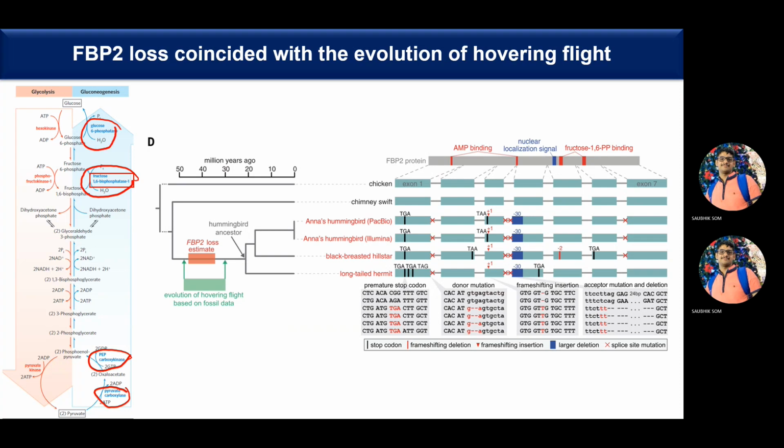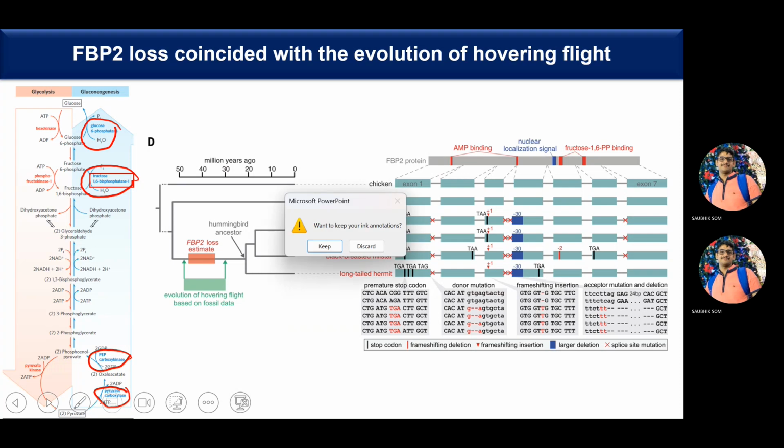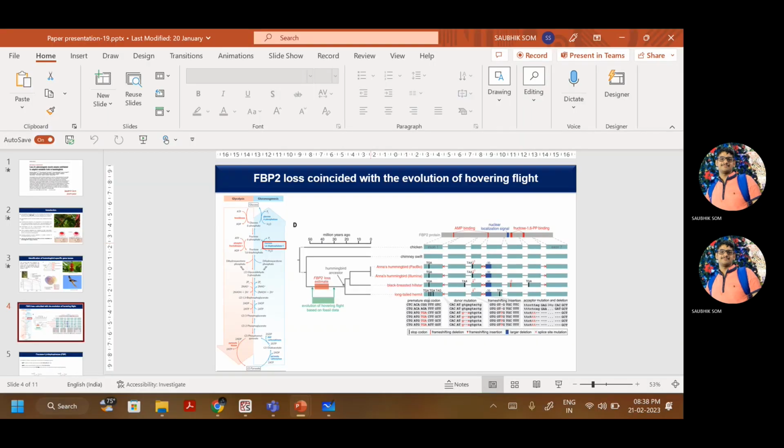I'll put this image on the other slide also. But remember, these four enzymes are required for gluconeogenesis, and this is quite an important thing, correct?